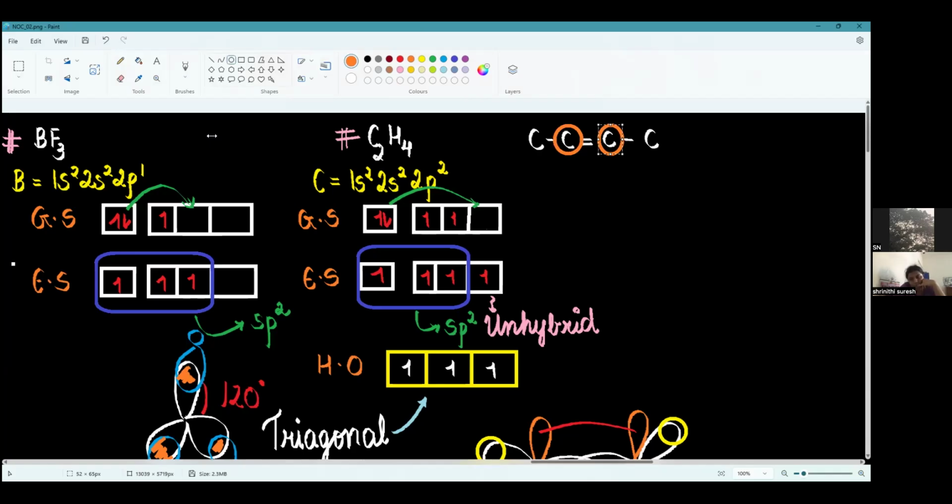Yes. The condition is that it should have only one double bond, not more than one. If it is more than one, something else will happen that we will discuss in the next 10 minutes. But right now, those two carbon atoms have only one double bond. So the hybridization for both of them will be sp2.